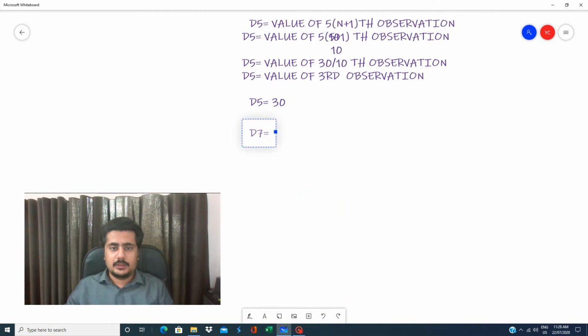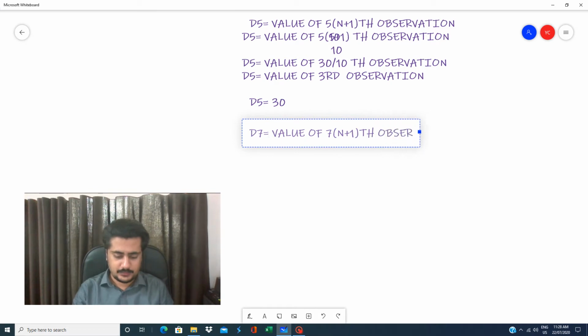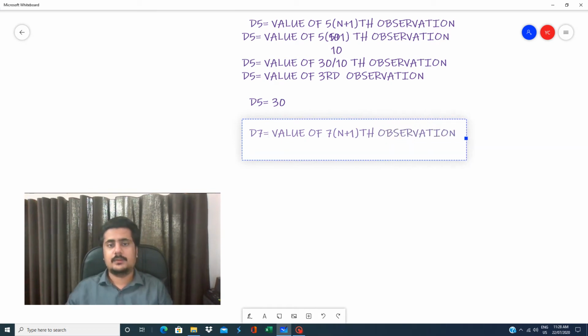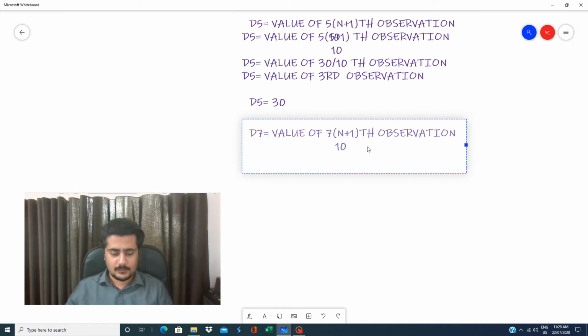Now how will I solve the D7 now? D7 will be value of 7 into n plus 1 upon 10th observation. So D7 is equal to value of 7 into, now what is n here?